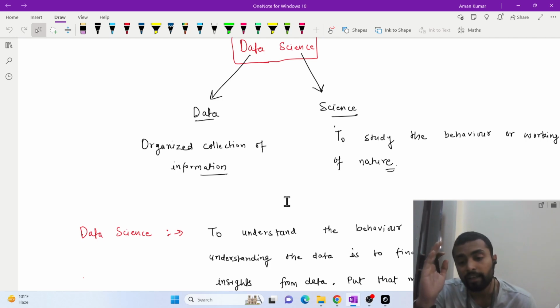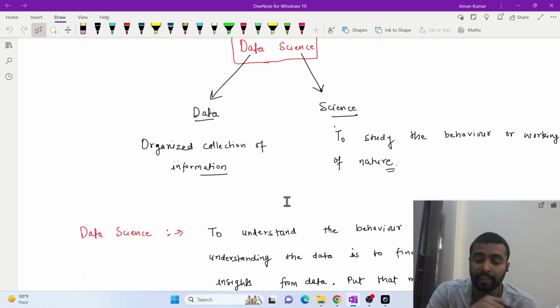One day Newton was sitting near an apple tree, and suddenly he saw an apple falling down. Then he started thinking, why is it falling down? He researched that concept and came up with the idea that the earth has a gravitational force which pulls any object towards the earth.